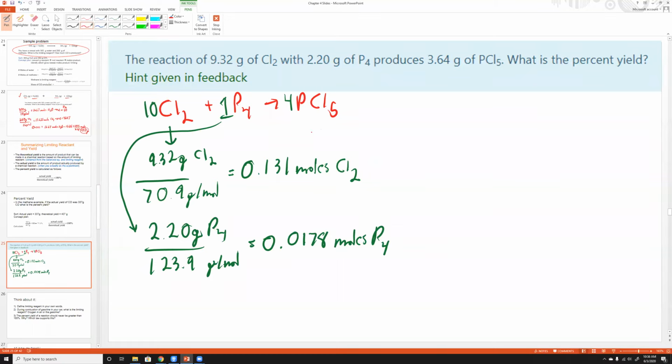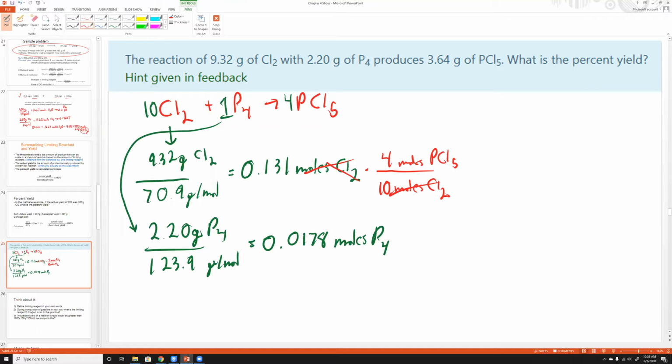So if that's the case, we can do our dimensional analysis, and we know that 10 moles of chlorine corresponds to 4 moles of PCl5. Moles of chlorine cancel out. I'm using Christmas colors. That's cool. I didn't even notice that.